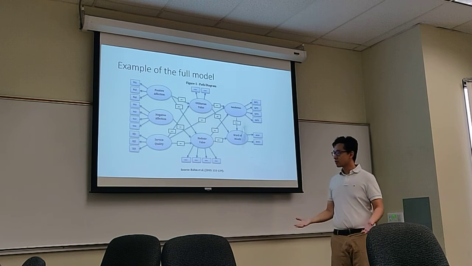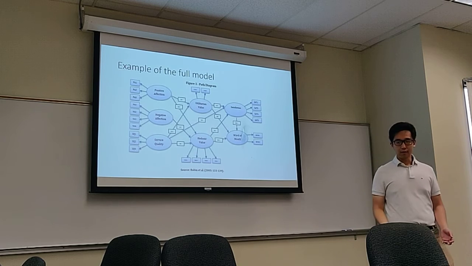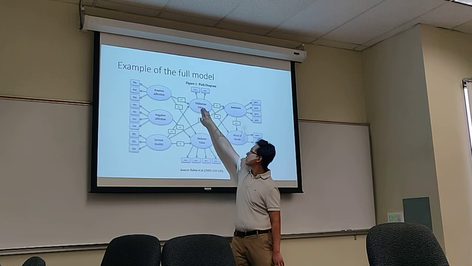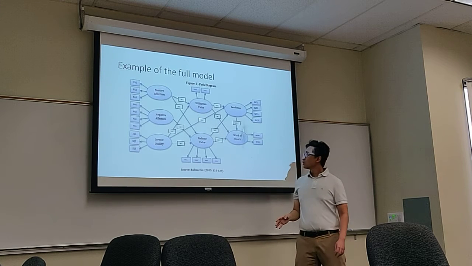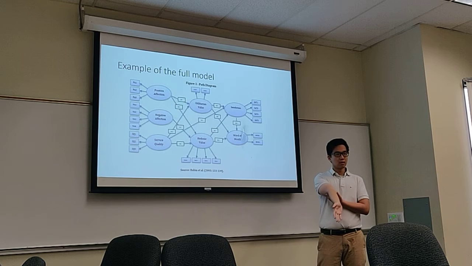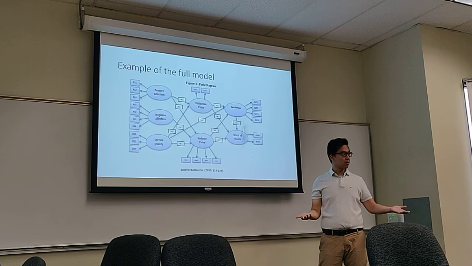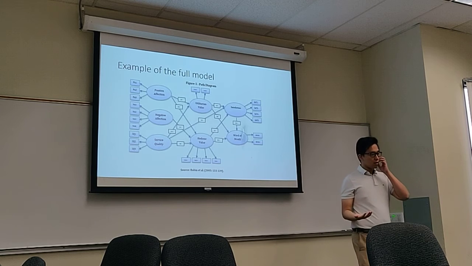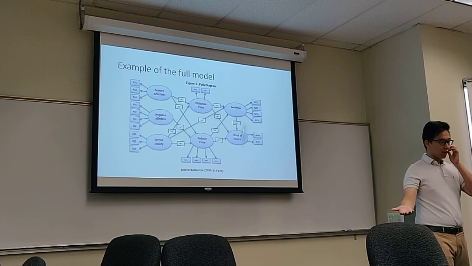So these are exogenous variables. And there are also endogenous variables. All these four are endogenous variables, because there are arrows pointed at them. So they are caused by other variables, or their changes are dependent on other variables.